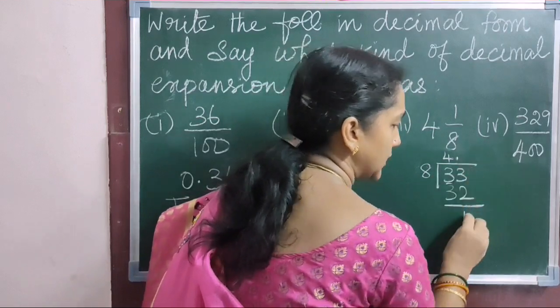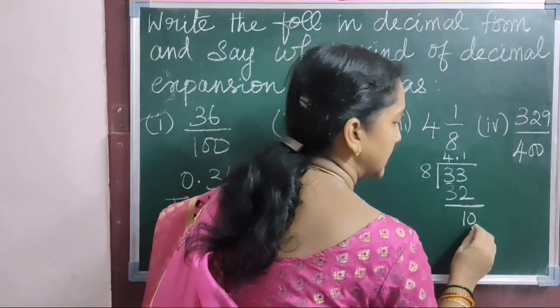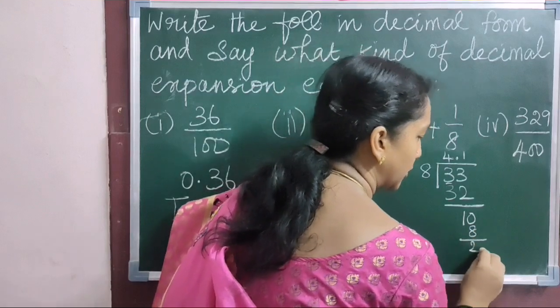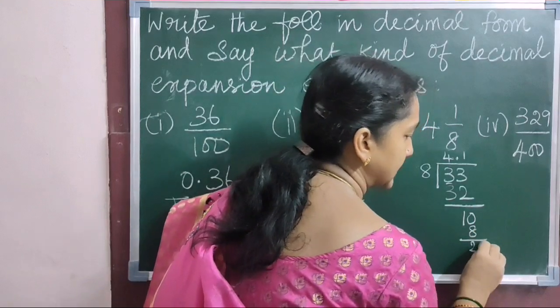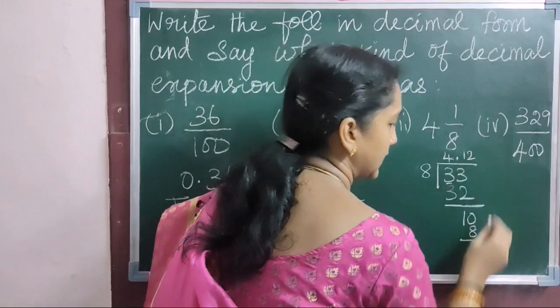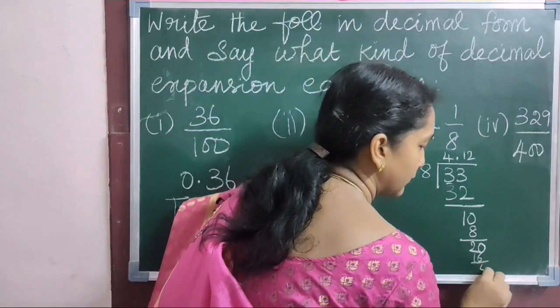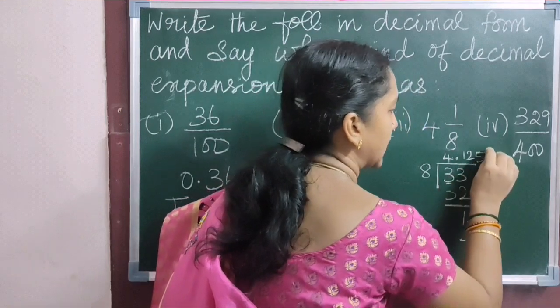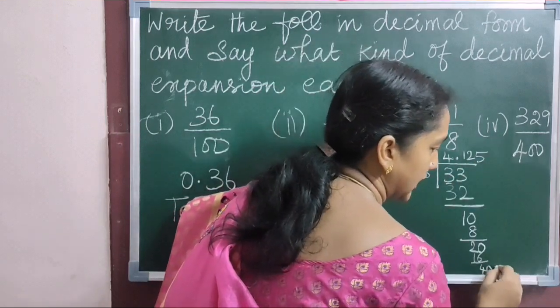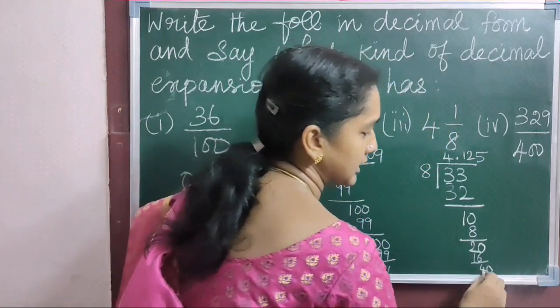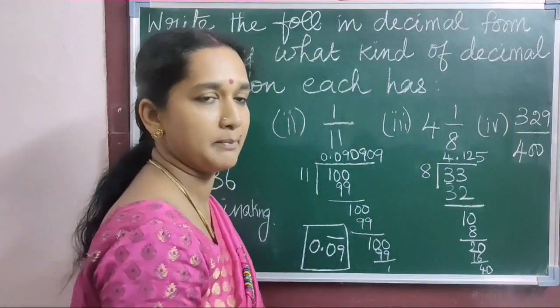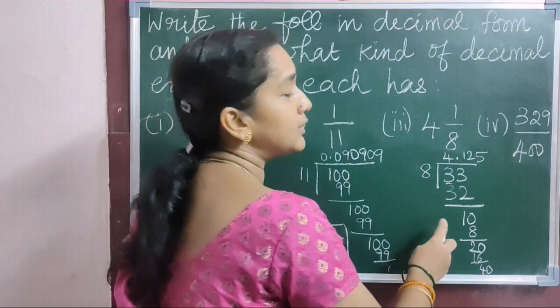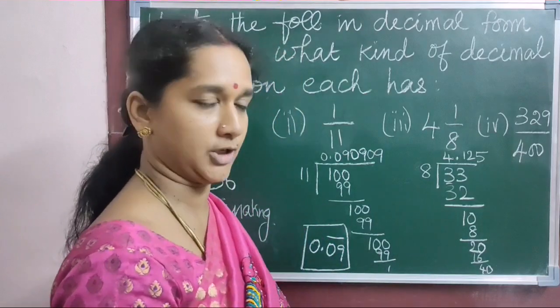Keep a decimal point. 0. 8 1s are 8. Remainder 2. Again you add a 0. 8 2s are 16. Remainder 4. Then again add a 0. So 8 5s are 40. When you write, you will get 0 as the remainder. So this one is terminating decimal expansion.